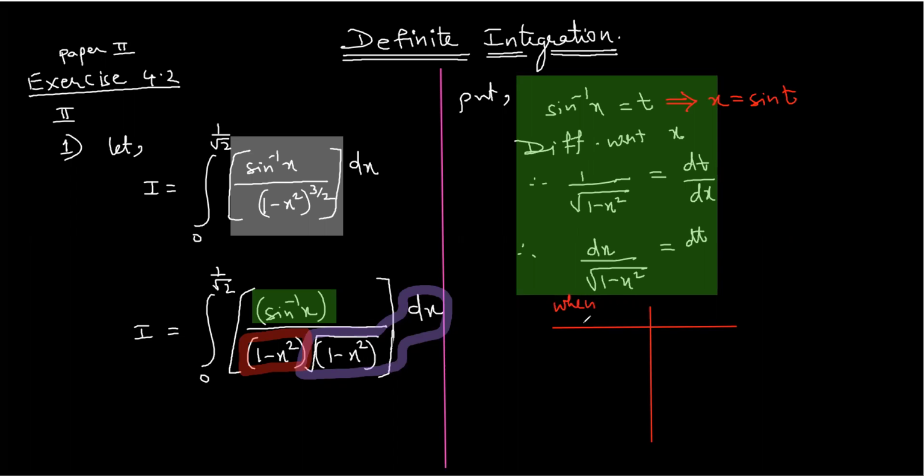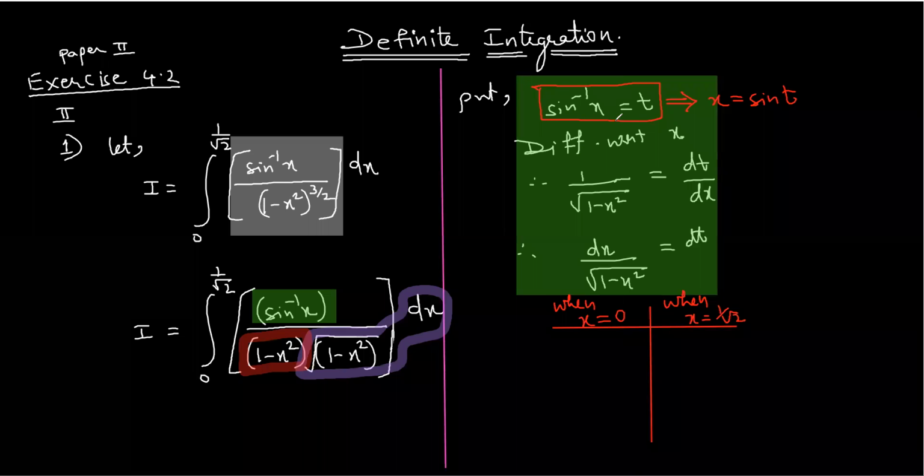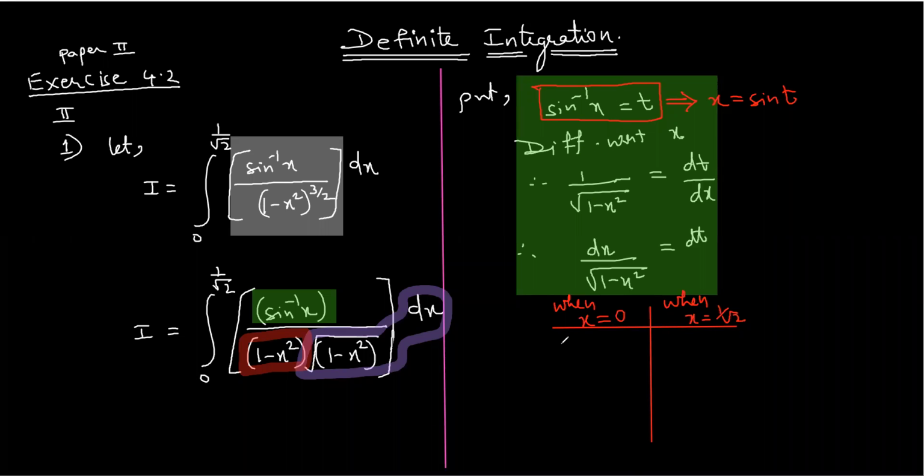You will write, x is from 0 to 1 by root 2. So when x is 0 and when x is 1 over root 2. This is the place where you actually establish the relation between x and t. So when x is 0, you have sine inverse of 0 equals t. Sine inverse of 0 is 0. So t is 0.